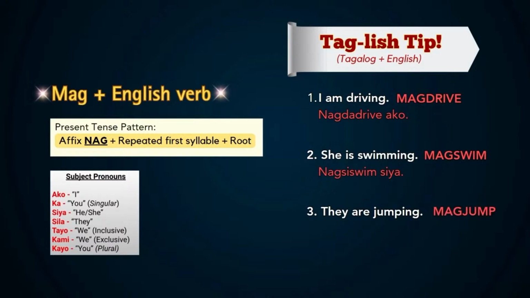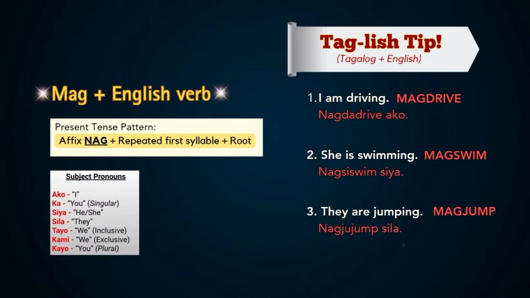What if I told you to use the verb mag-jump? How would you write they are jumping in Taglish form? In Taglish, you could say, nagja-jump sila. They are jumping. Nagja-jump sila.